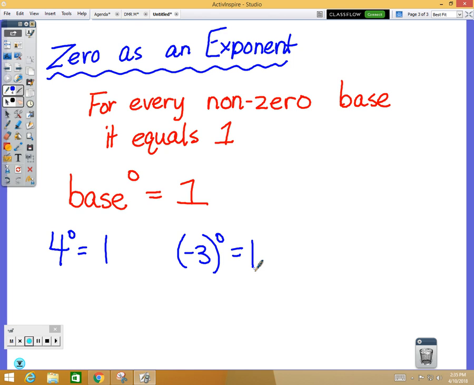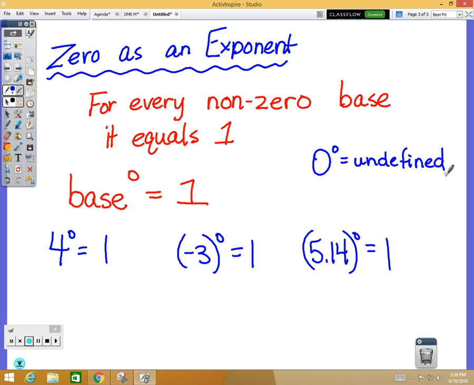If we have a decimal to the 0 power, 5.14, it equals 1. So no matter what the base is, as long as the base is not a 0, if the exponent is 0, then the answer is 1. Now if the base is a 0, 0 to the 0 power, that is undefined.